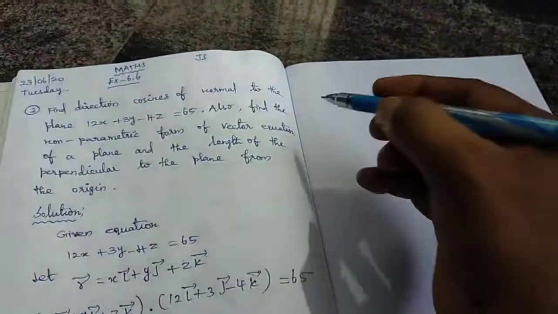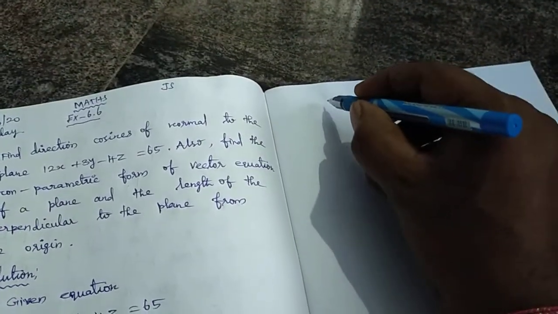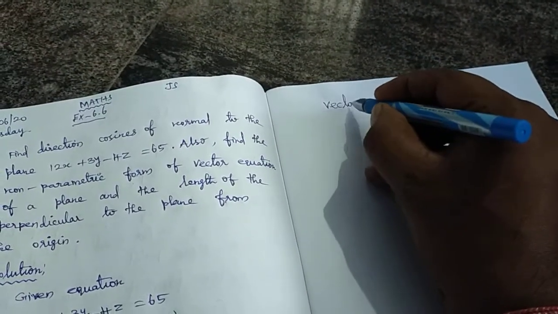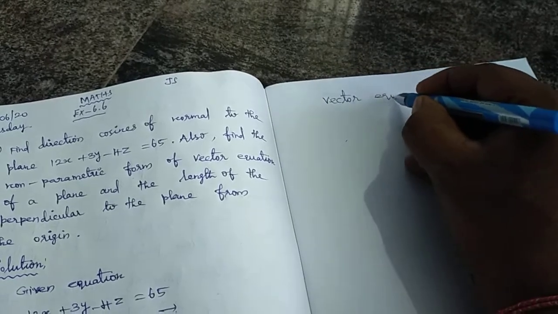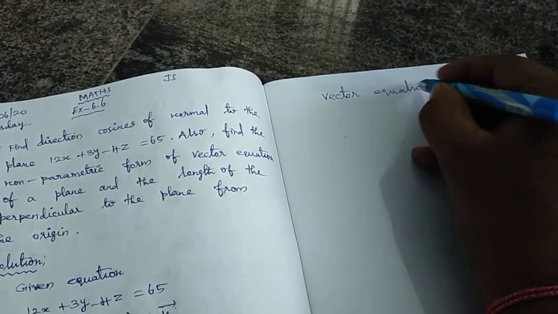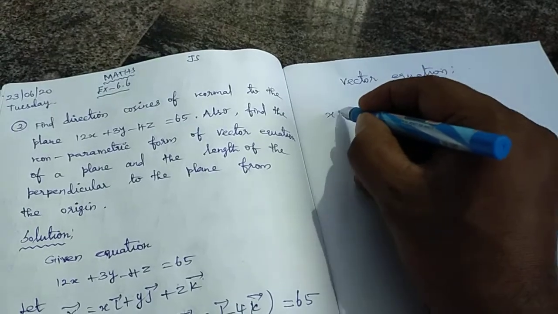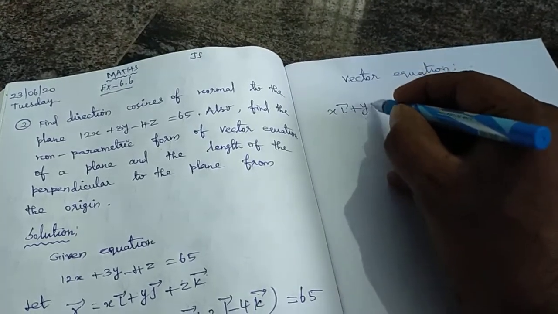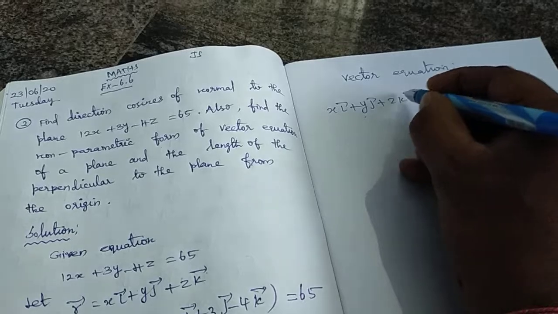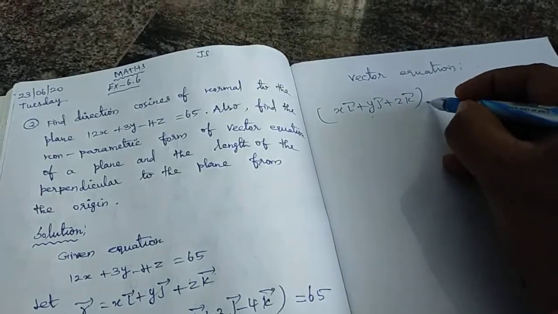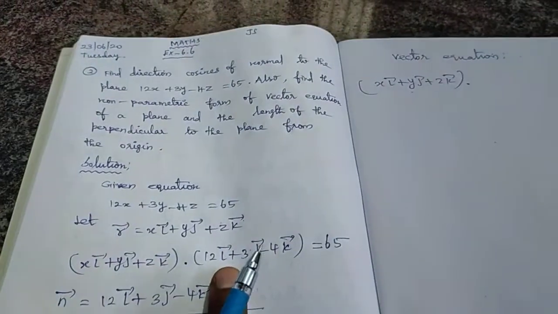So in the r vector equation, x i vector plus y j vector plus z k vector dot, this is our equation.